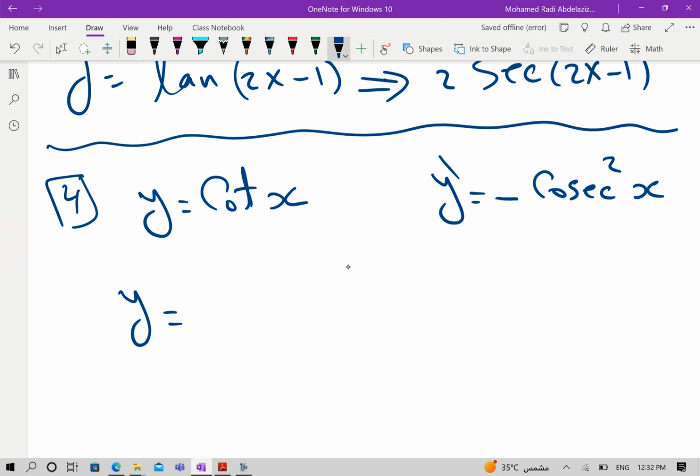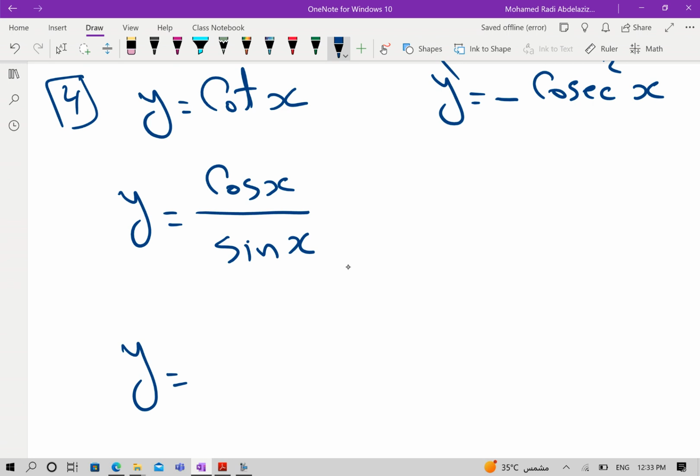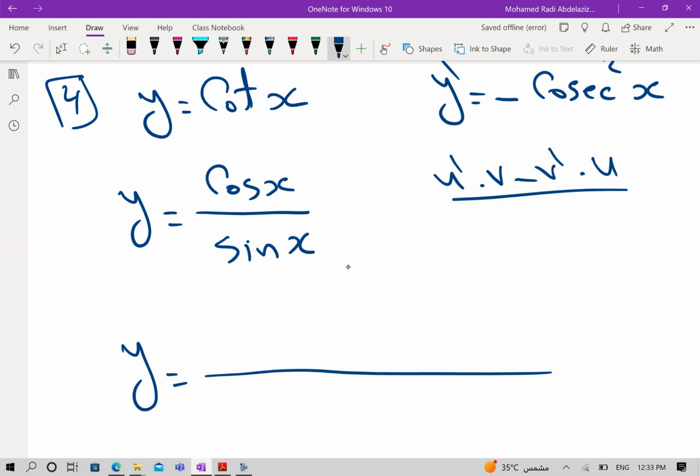Y is, write cotan as cosine x over sine x. Then use u over v: u dash times v minus v dash times u divided by v squared.